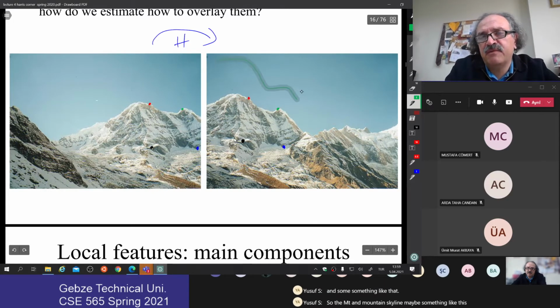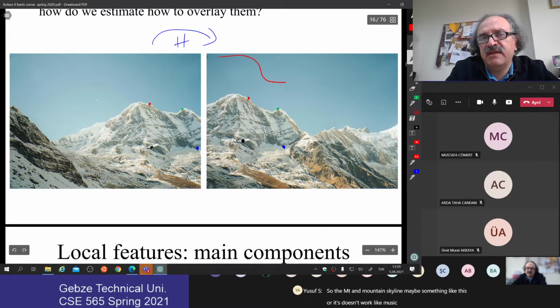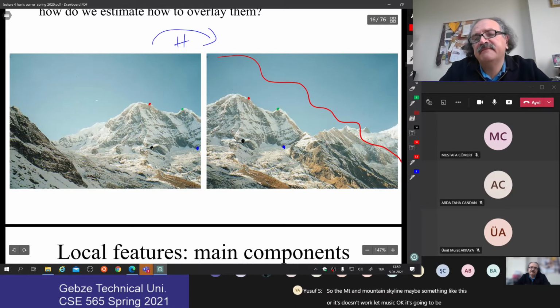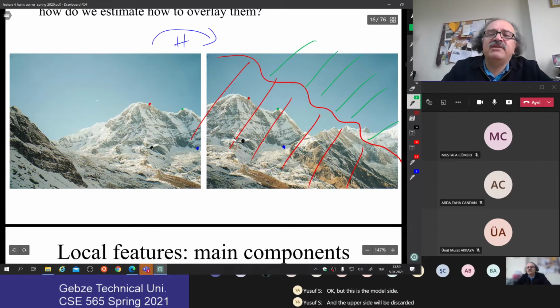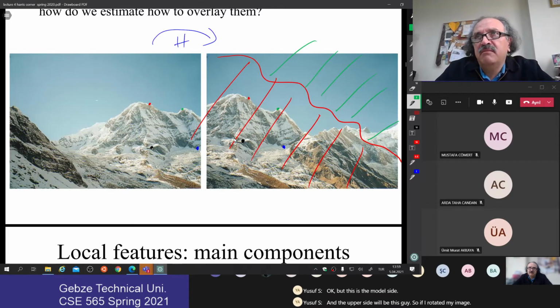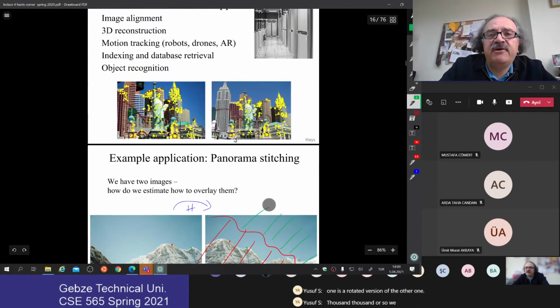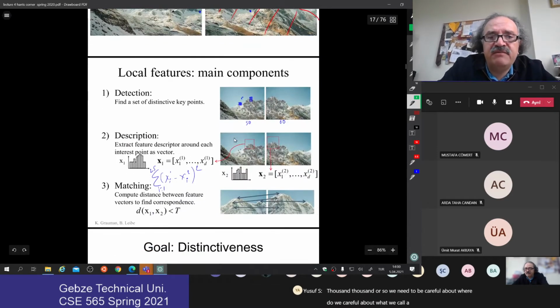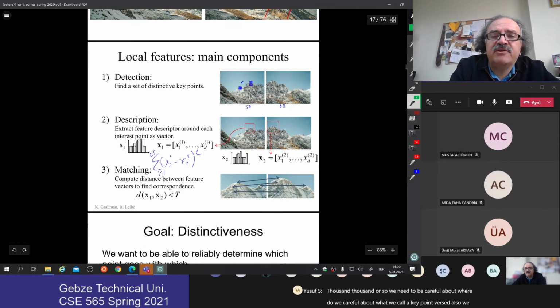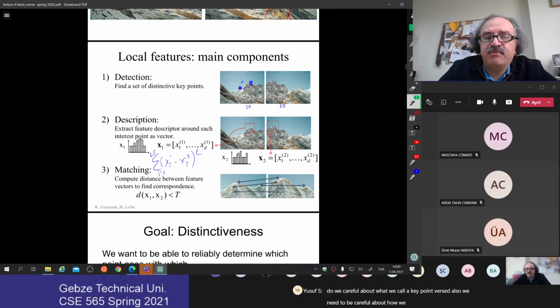It's going to be like that. This is the mountain side, and the upper side will be the sky. So if I rotated my image, matching these 5 by 5 images is not going to be good because one is a rotated version of the other one. It doesn't work. So we need to be careful about what we call a key point first. Also, we need to be careful about how we describe that key point.